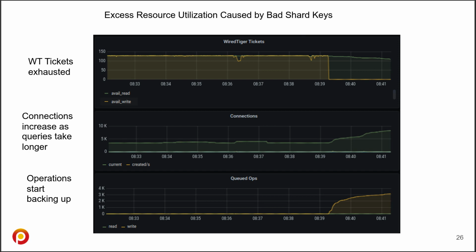In practical terms, the application will observe that it waits, and we will see queued operations. This means we have operations, writes or reads, in this case writes, that are waiting to be processed by MongoDB.